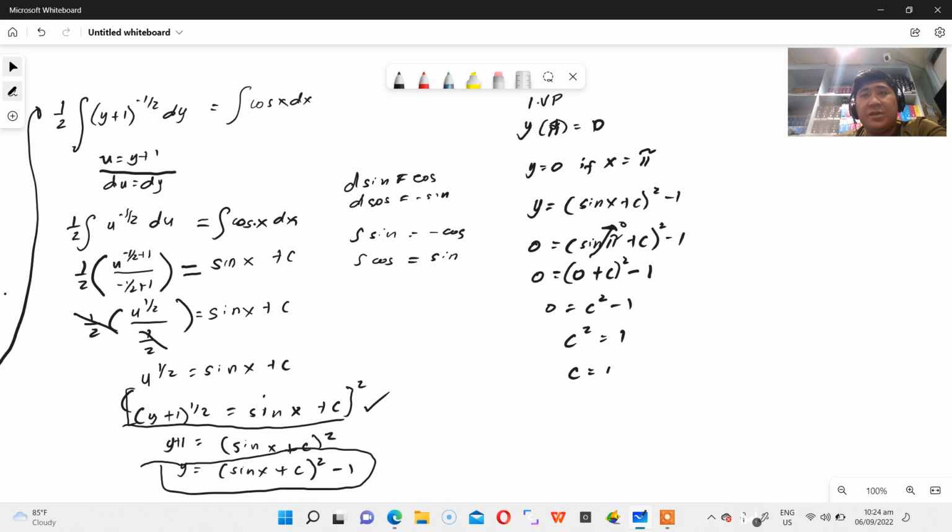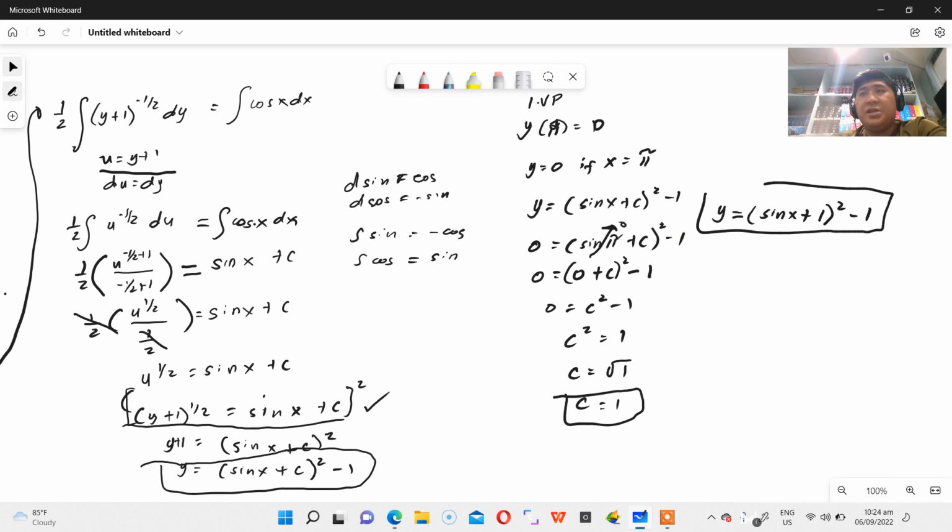So c is equal to the square root of 1, where c is equal to 1. So just substitute it. The general solution is y equals sine x plus c, where c is 1, squared minus 1. So therefore, this is your answer for the initial value problem, which is our particular solution.